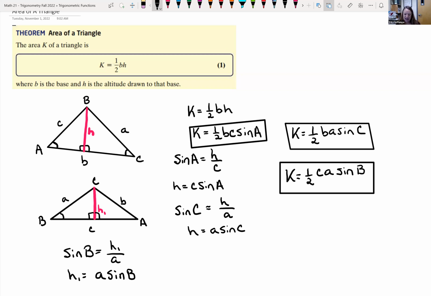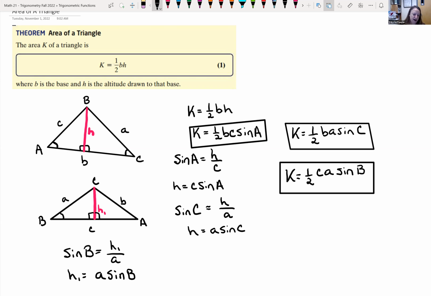So notice it's the two sides and then the angle that is sandwiched in between those. And between those two sides is going to give us that formula.